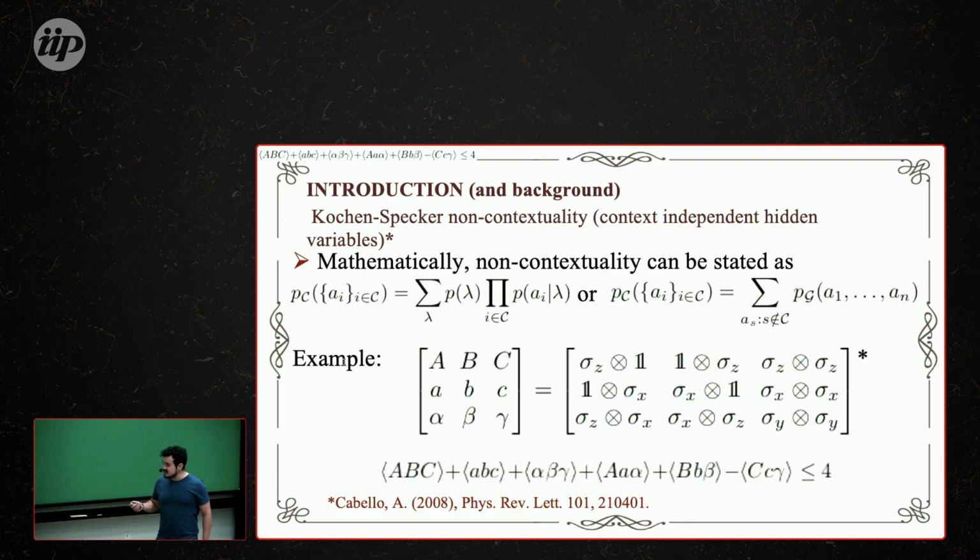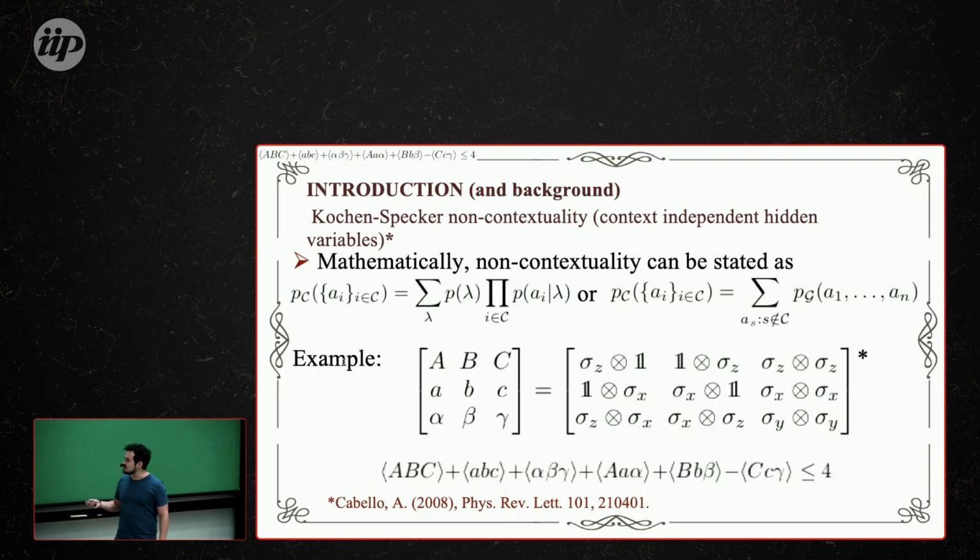For a non-contextual hidden variable model, we should respect this inequality. You can just write it down and convince yourself that the inequality is really simple if all values of these observables are predefined. You can also see that if you compute these averages for any quantum state, we violate this inequality. So I think this is a clear example of contextuality, known in this case as the Mermin square.